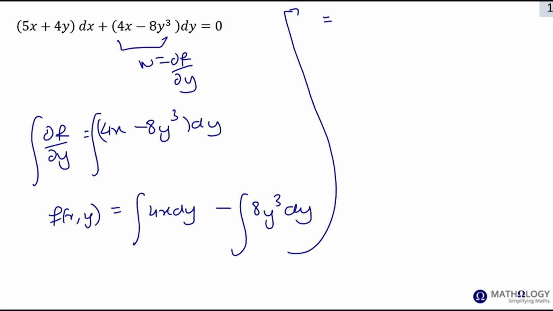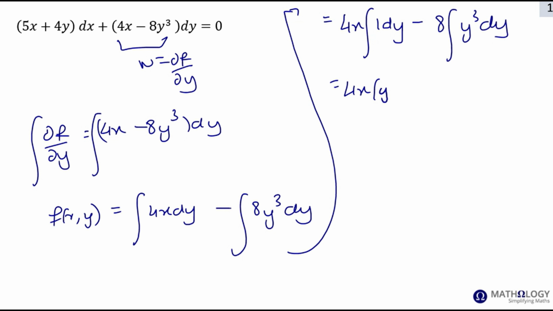So with respect to y, 4x is a constant, so it's going to be 4x times the integral of 1 dy minus, we can take the 8 out because that is a constant, the integral of y cubed dy. That'll give us 4x. Integrating 1 with respect to y is just going to give us y. Integrating y cubed with respect to y will give us y to the 4 over 4.